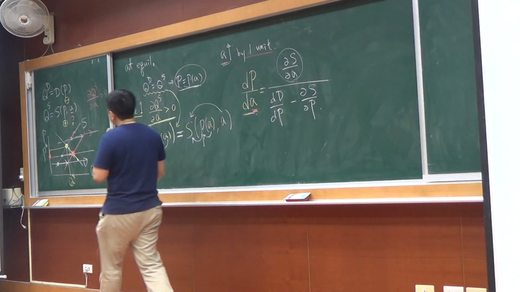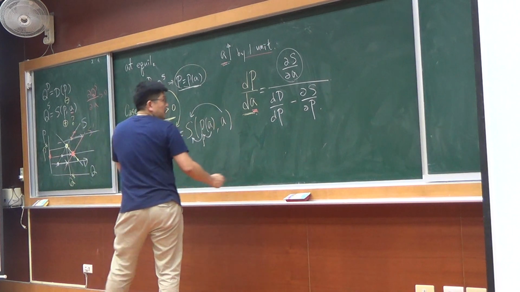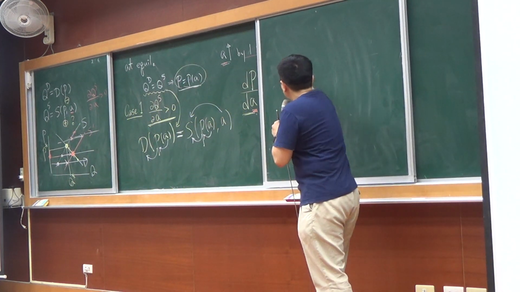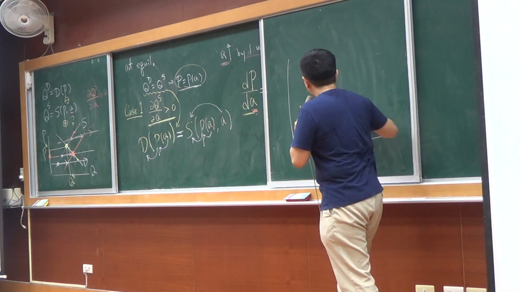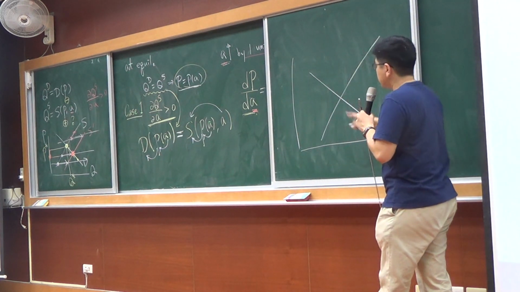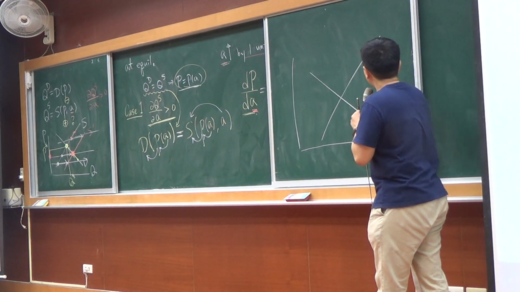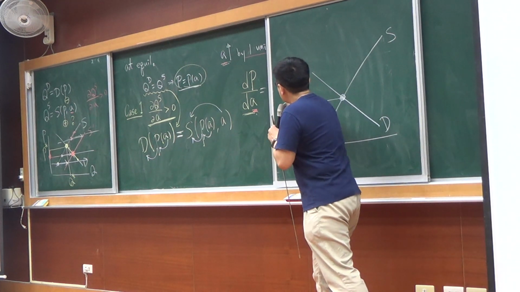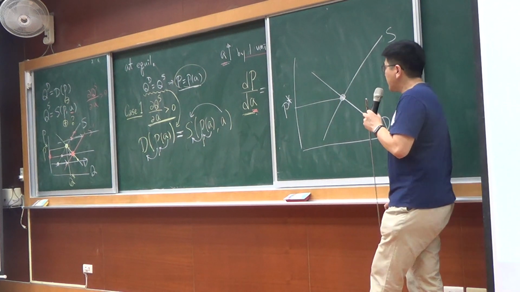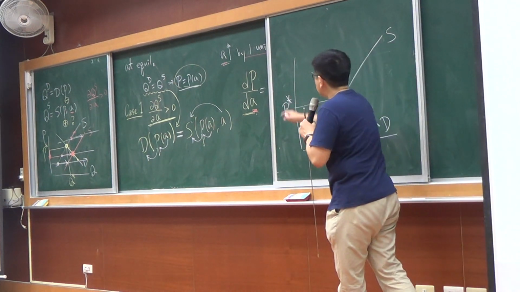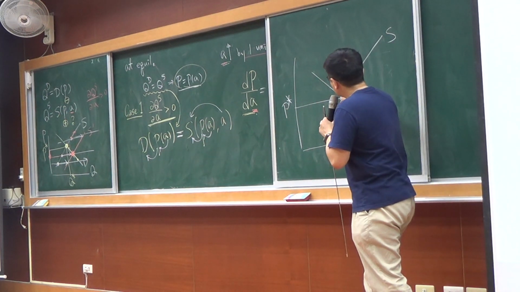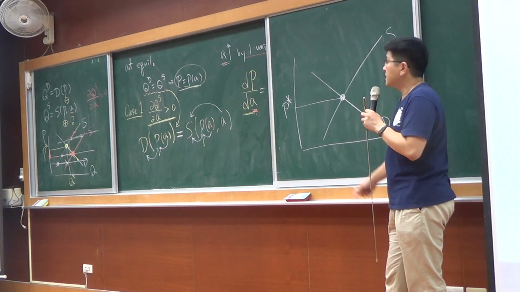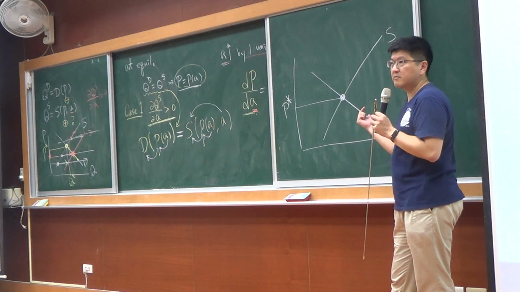So last week we talked about this. Now, have a look at this. I'll make it larger than that diagram. Initially, the equilibrium price is here, P star. Initially, quantity demanded and quantity supplied meet each other, right?